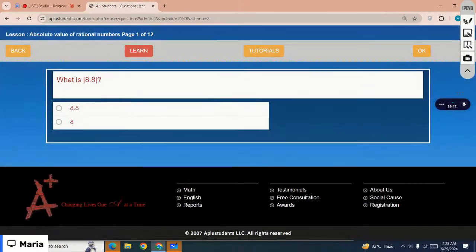What is the absolute value of 8.8, which is the correct option? Yes, that is 8.8. Option number one is the correct option, right?